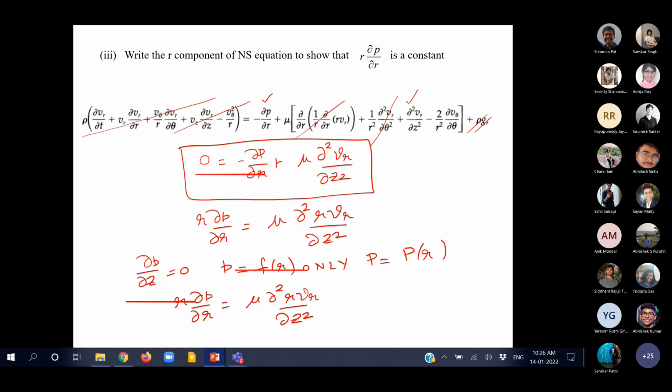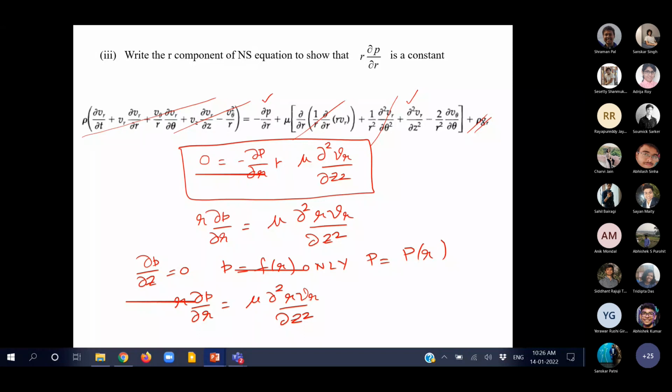It's a function of r. So what I have is my left hand side is a function of r and my right hand side is a function of z. If these two are equal, what does it mean? They are constants. R del P del R has to be a constant.